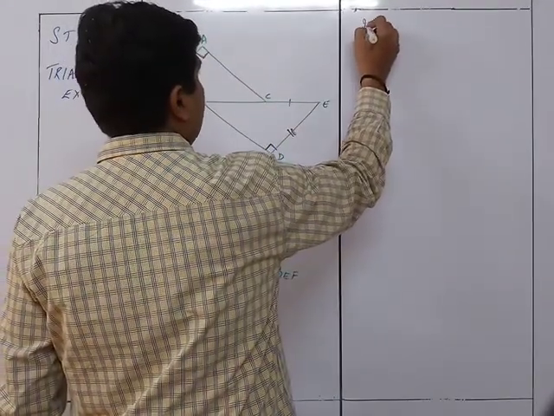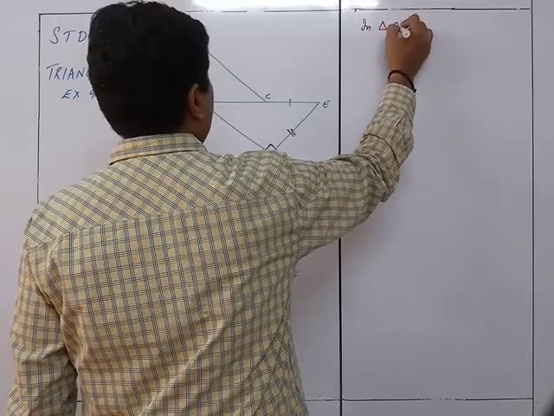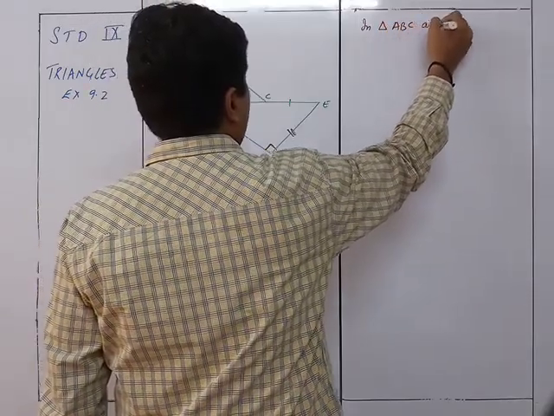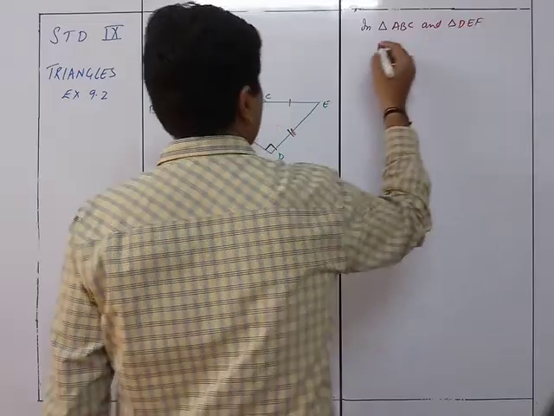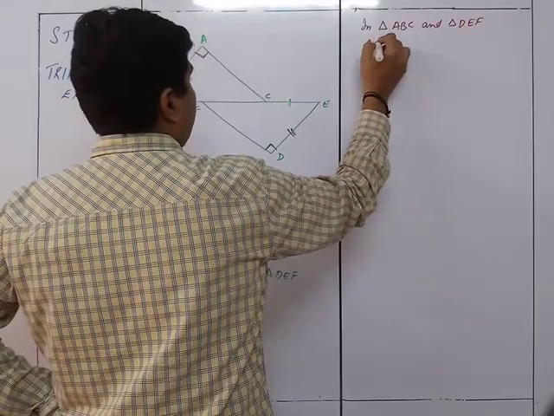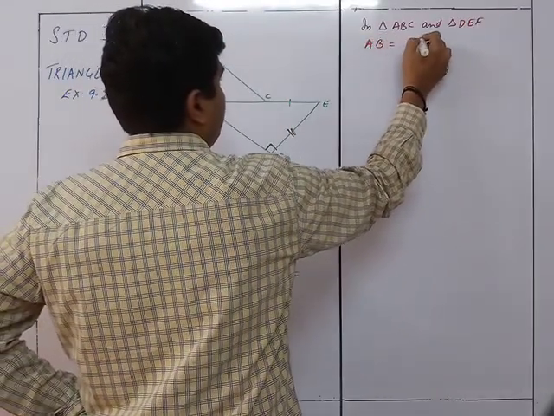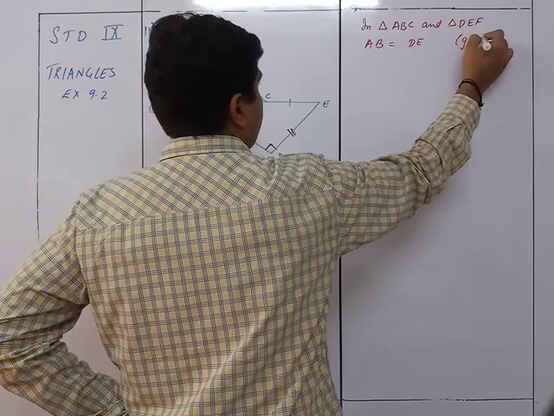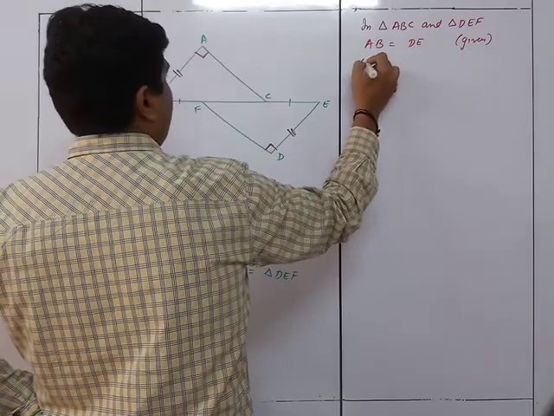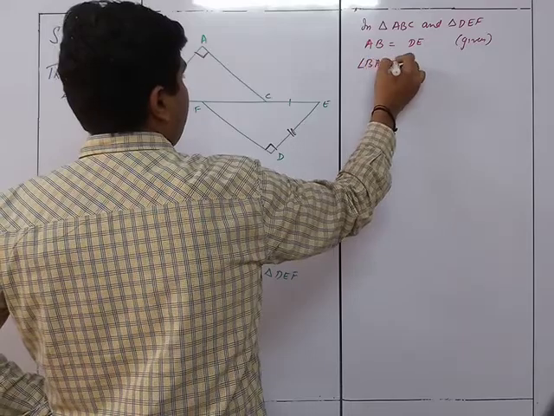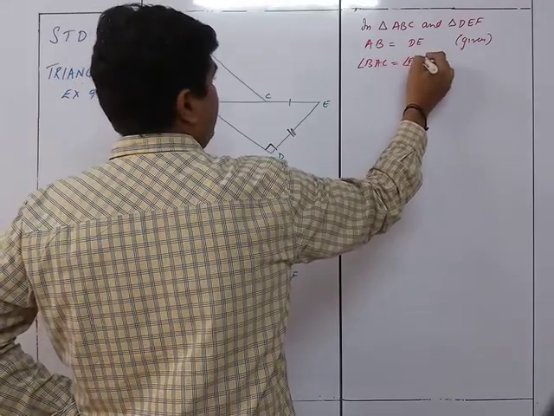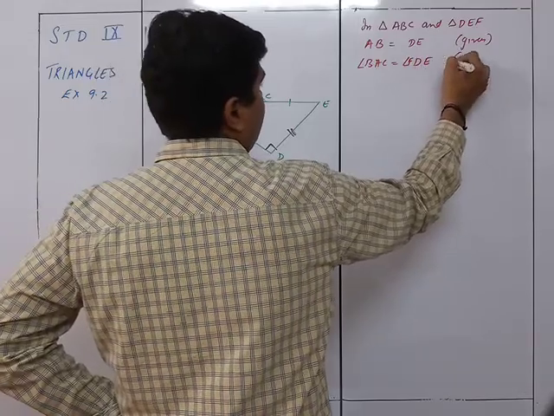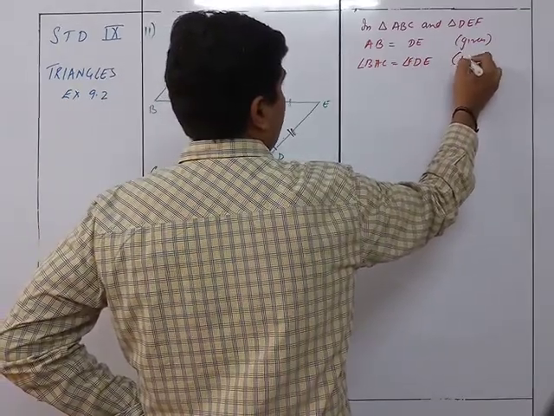So write, in triangle ABC and triangle DEF, AB is equal to DE, given. Angle BAC is equal to angle FDE, again perpendicular, given.